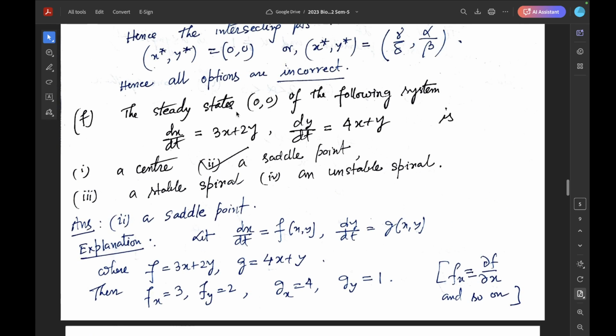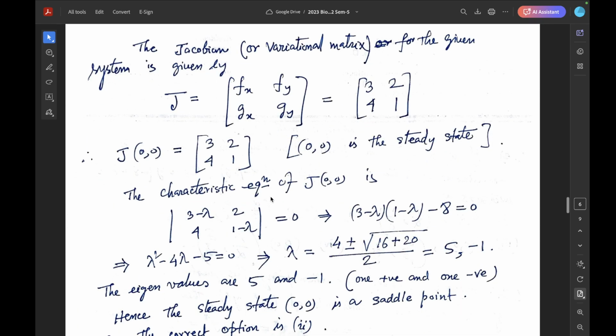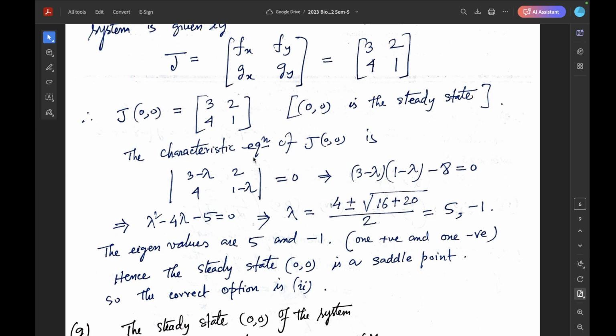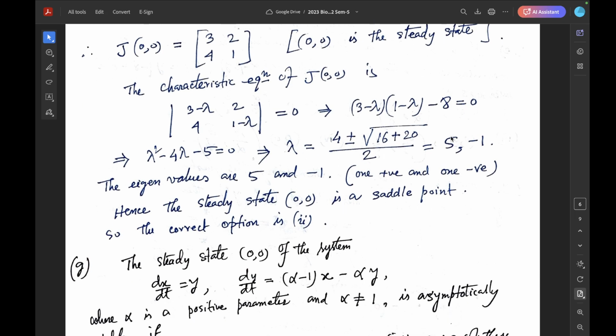So here, the steady state (0, 0) is a trivial steady state for this, so J at (0, 0) is the same [3, 2; 4, 1]. The characteristic equation of J(0, 0) is the determinant of [3 minus lambda, 2; 4, 1 minus lambda] equal to 0. After simplification, we get lambda equal to 5 and minus 1.